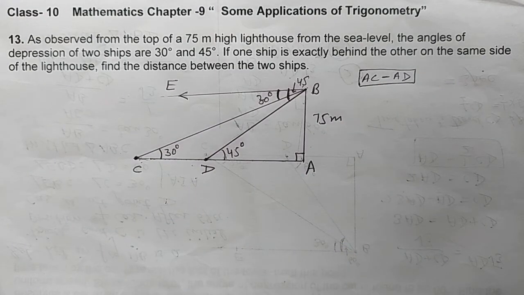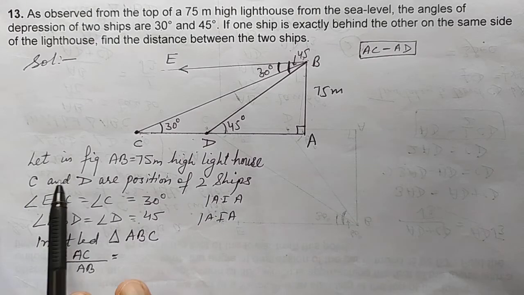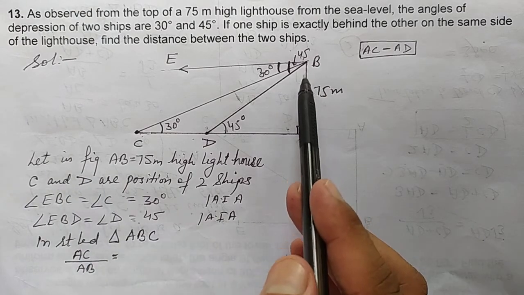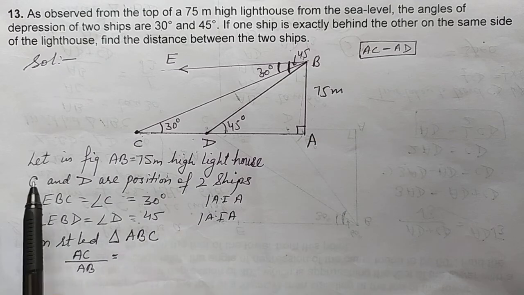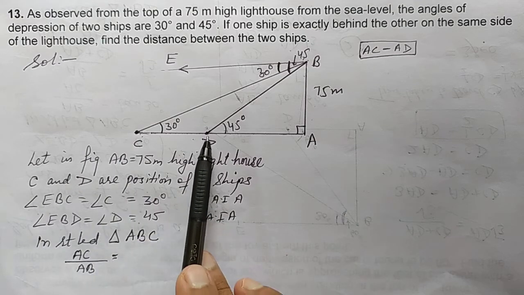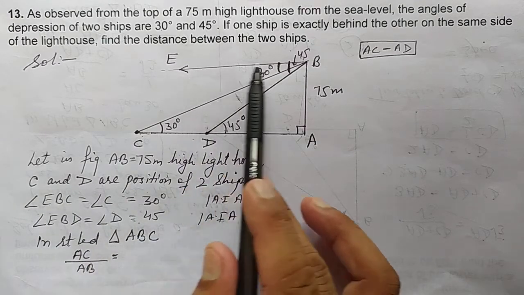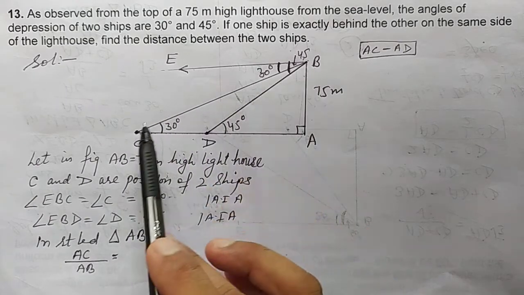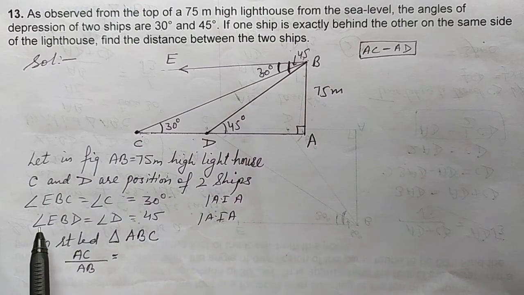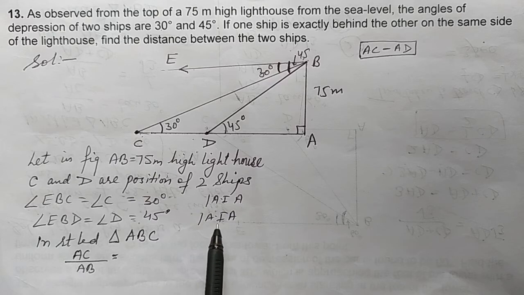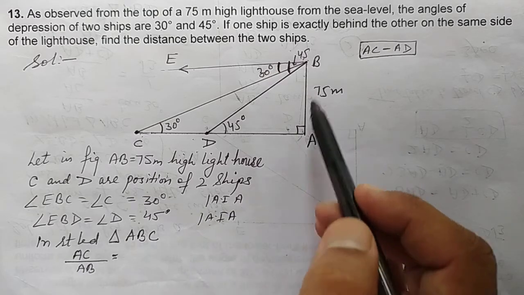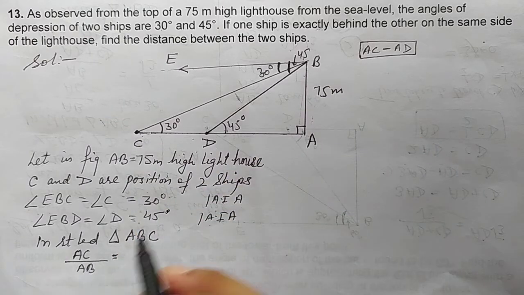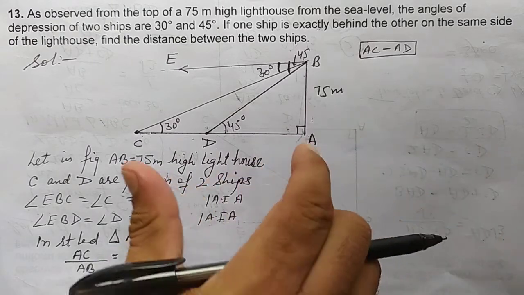So let's write now. Let in figure AB is equal to the 75-meter high lighthouse. C and D are positions of two ships. Angle EBC is equal to angle C because these are alternate interior angles, and this angle EBC is the angle of depression. Now again angle EBD is equal to angle D, both are 45 degree because these are also alternate interior angles. Now in right angle triangle ABC, AC over AB, because we need to find out AC.